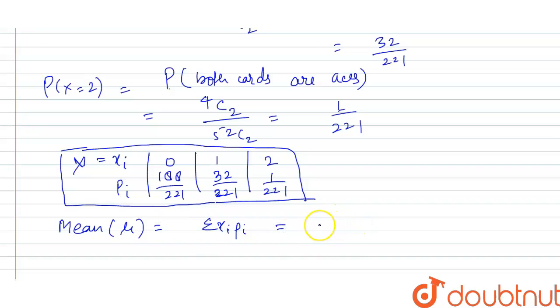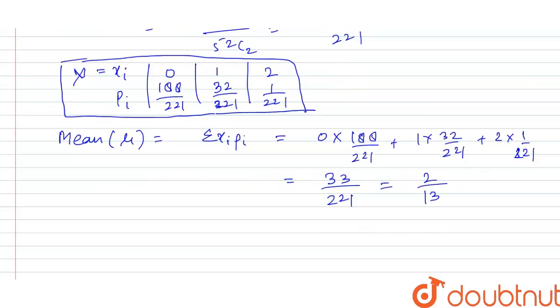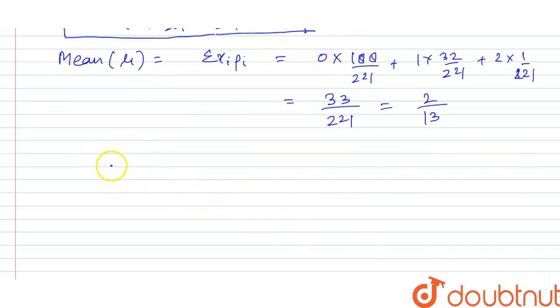That is 0 into 188 upon 221, plus 1 into 32 upon 221, plus 2 into 1 upon 221. On further solving, we get 34 upon 221, that is 2 upon 13. This is the mean.